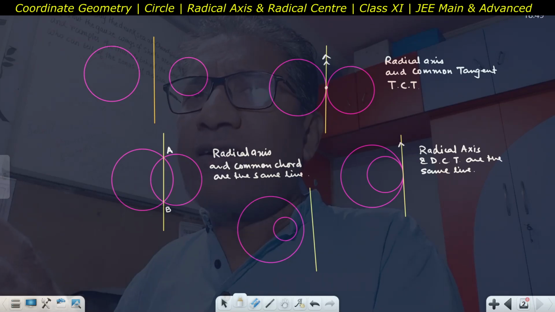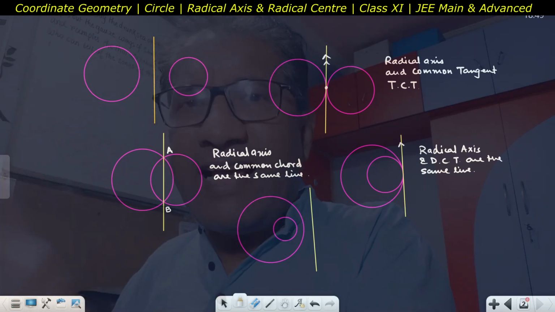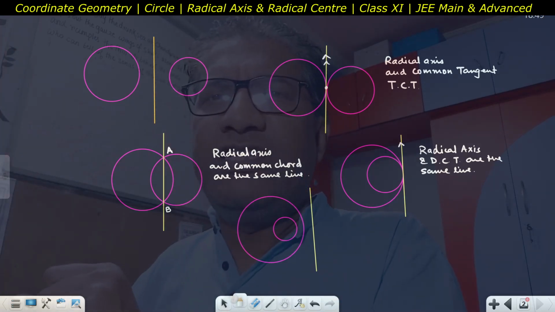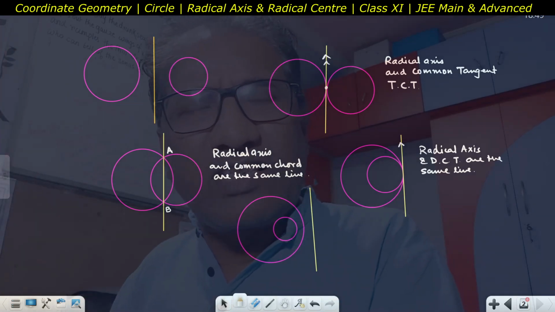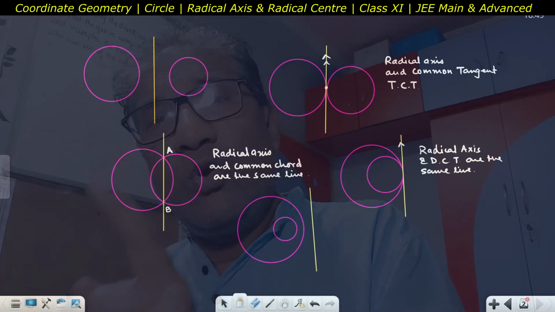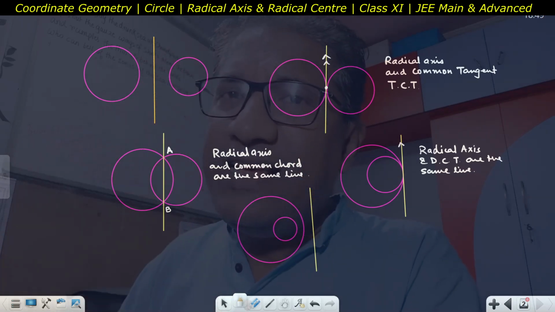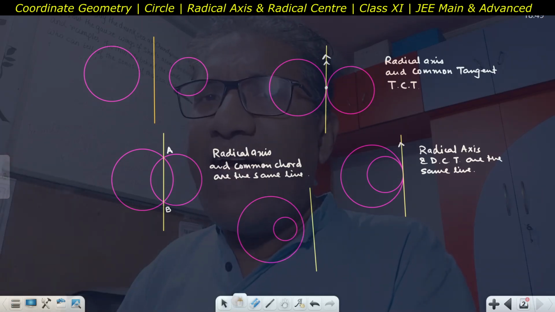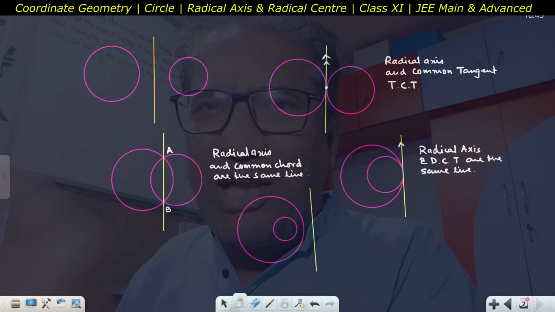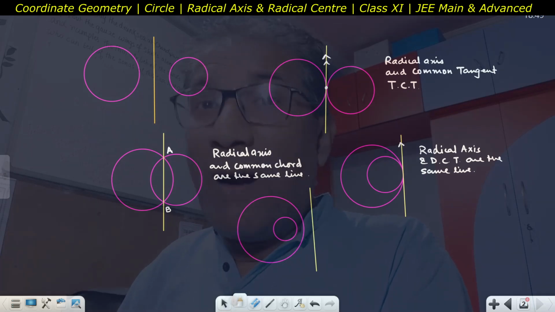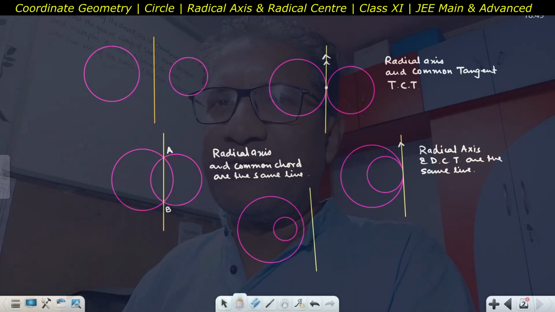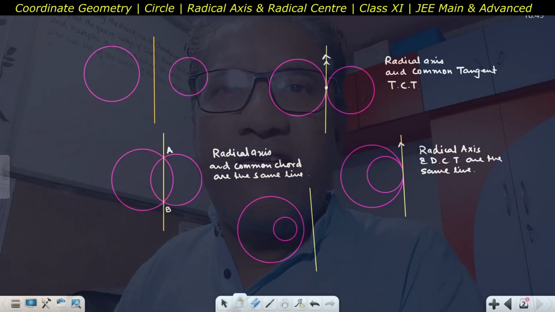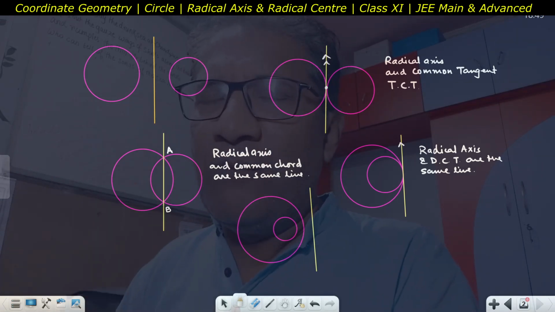When the two circles are touching each other externally, the transverse common tangent and the radical axis are the same. And when two circles are touching each other internally, the direct common tangent and the radical axis are the same. But there is one case where your radical axis is not defined. Be very careful.